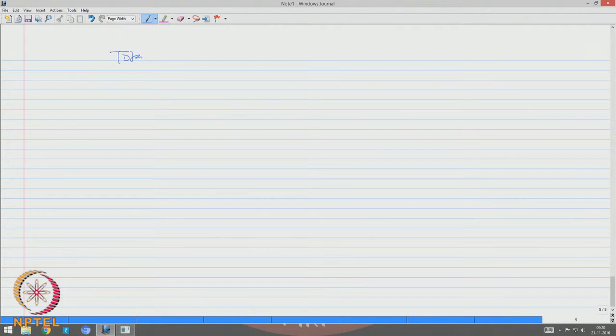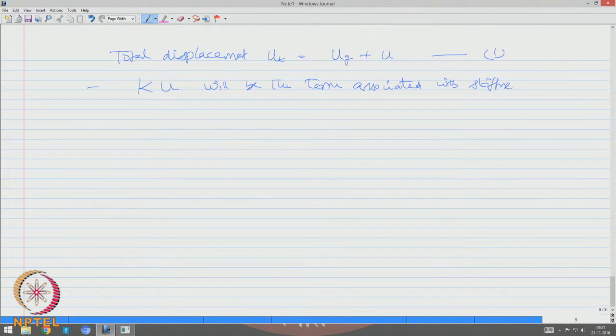Total displacement u total is ground displacement plus the displacement of the cylinder. K into u will be the term associated with the stiffness of the cylinder, the column member.